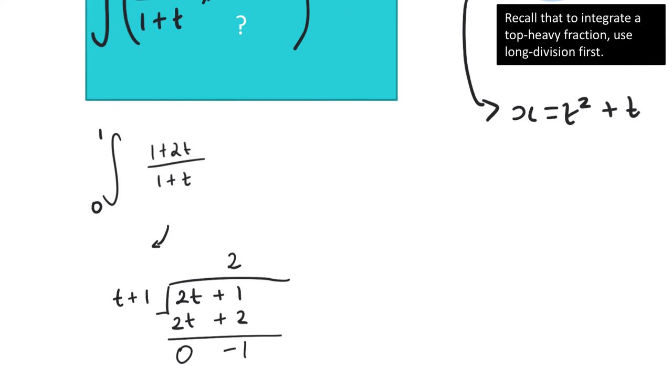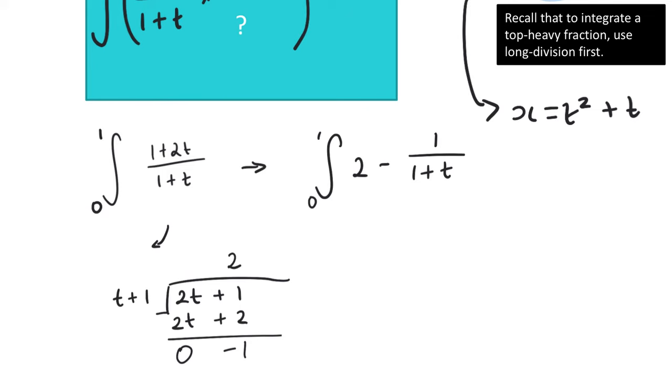So this integral can now be represented between 1 and 0 of 2 whole ones, remainder 1, so 2 minus 1 over 1 plus t. We have now split this fraction into partial fractions, and all we used was long division. Are we now able to integrate this?